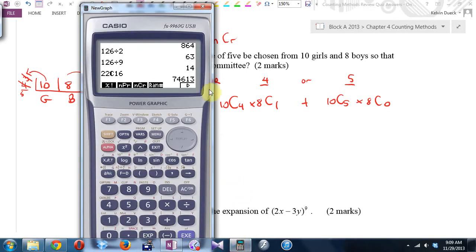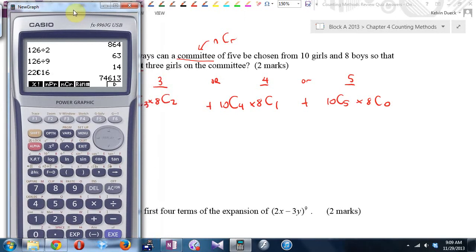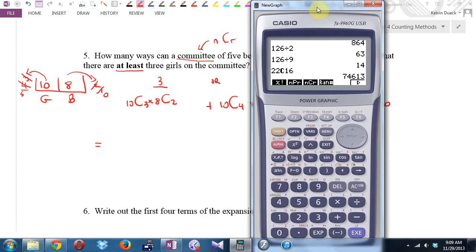Maybe I can type all this in one line if I'm really careful. It's going to be 10 choose 3, and 8 choose 2. Or 10 choose 4, and 8 choose 1. Or 10 choose 5, and 8 choose none.